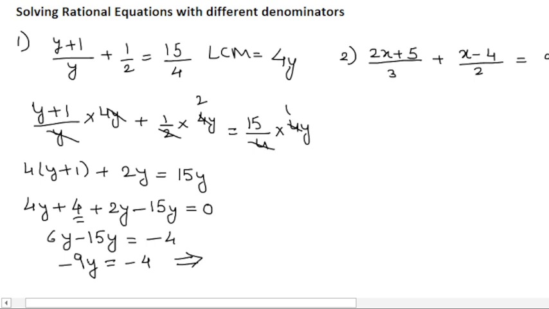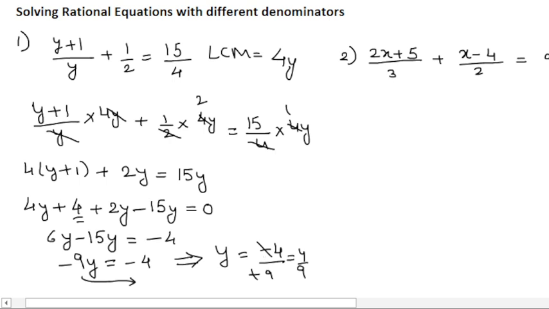So when we transpose negative 9 to that side of the equation, reverse of multiplication has to happen, which is division. So in the next step, negative 9 divides minus 4. So basically, y is equal to minus 4 upon negative 9. So negatives cancel out. So your answer is positive 4 by 9.